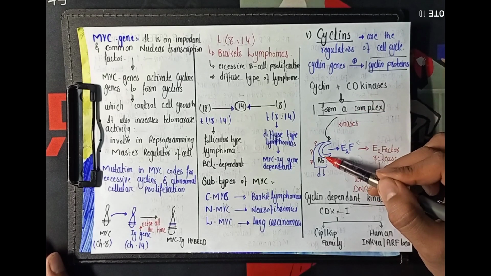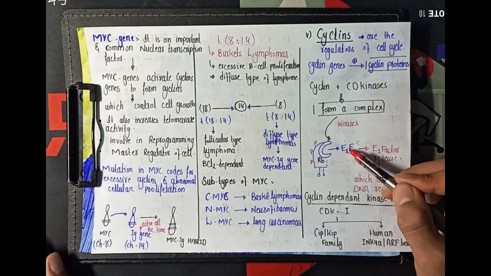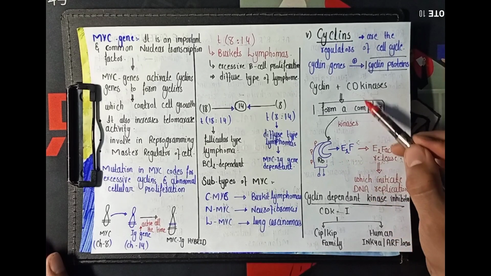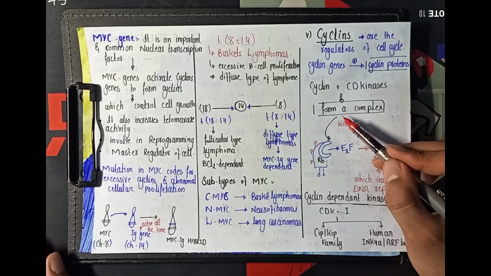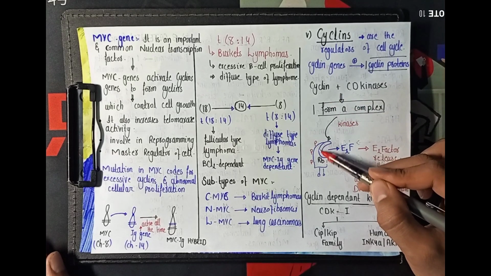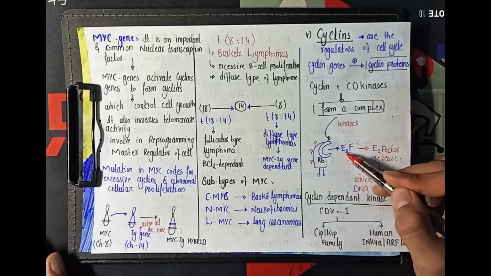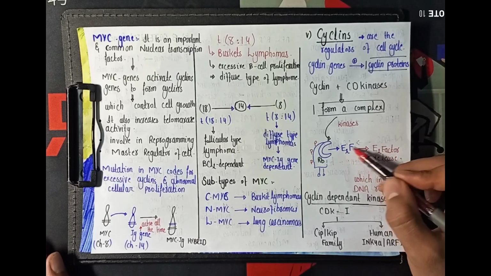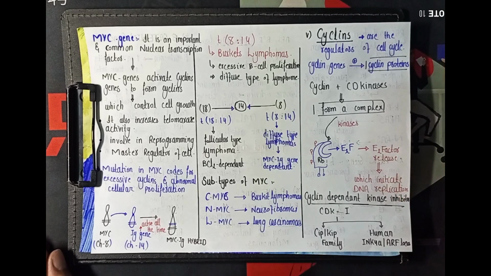Normally, the RB gene is present in the cytoplasm and it holds the E2F factor and prevents it from releasing. But when the cyclin-dependent kinase enzymes form a complex with the cyclin, these kinase enzymes phosphorylate the RB gene. And when the RB gene is phosphorylated, there is release of E2F from the RB gene. And when E2F is released, it initiates DNA replication and cellular proliferation.